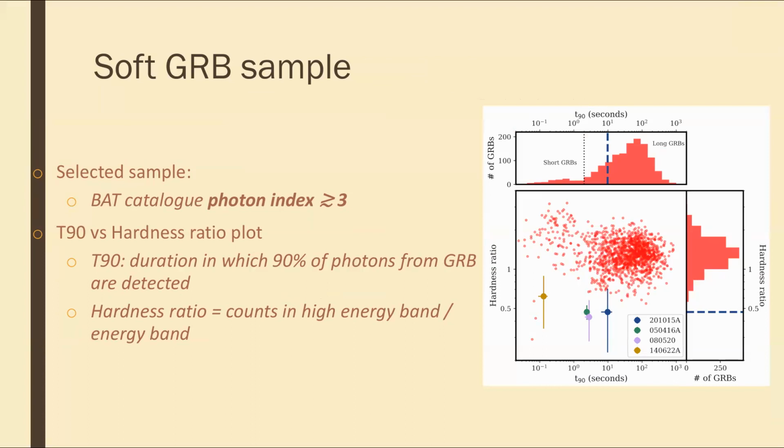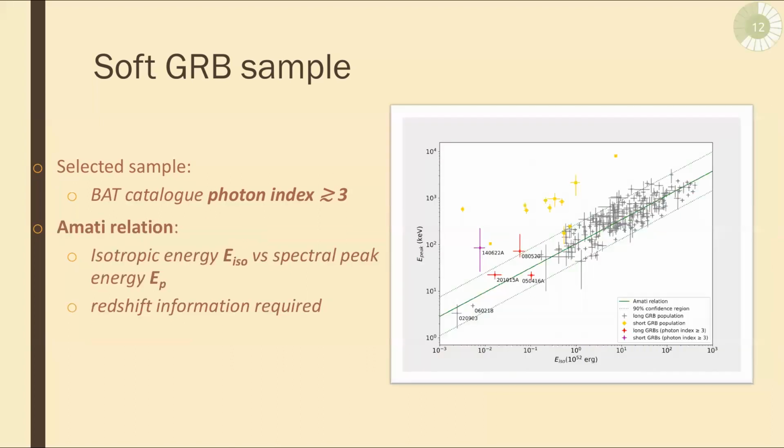So these 3 are long GRBs which are soft, and over here we have short GRBs which are soft, and they tend to have a T90 less than the average for their respective GRBs. And in the Amati relation plot, we find that these soft GRBs are also in the lower energy range in the spectral peak energy and the isotropic energy.